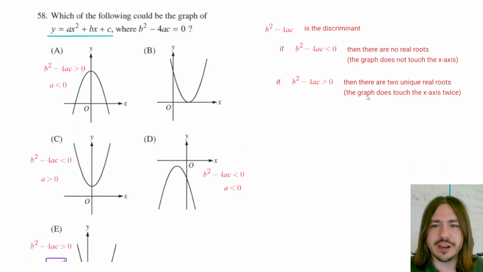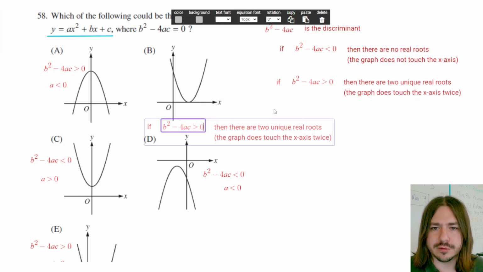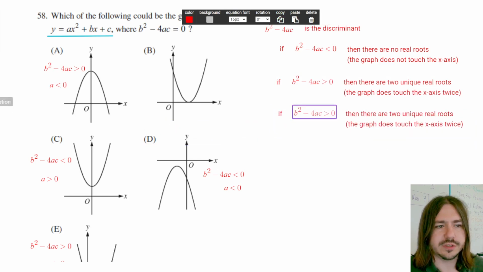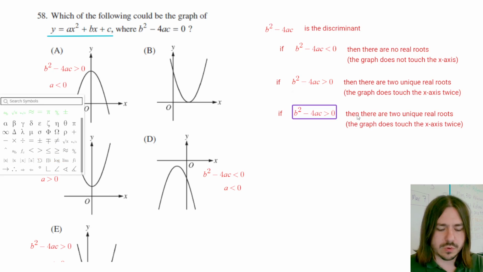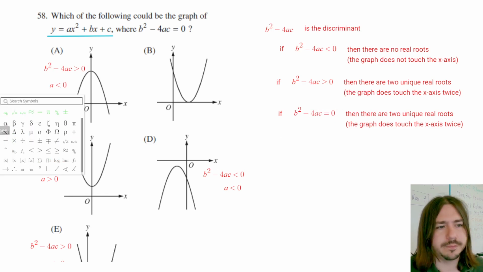But just to finish our case descriptions here, let's try that again. There we go. If that discriminant is equal to 0 rather than being less than 0 or greater than 0, then there is just one unique real root. Another way to say it is that you have a repeated root. You have a root with multiplicity.